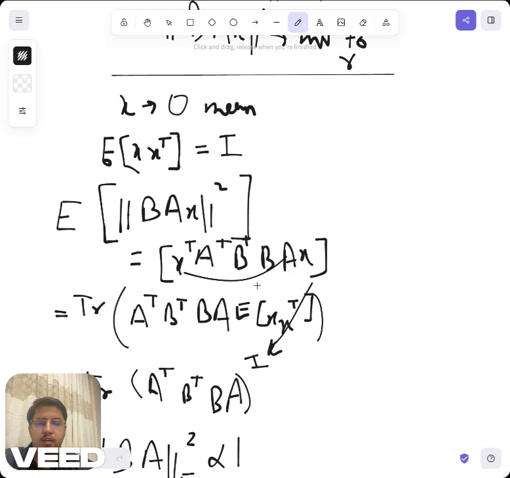And since the expectation of x x transpose is I, this becomes the trace of A transpose B transpose B A.